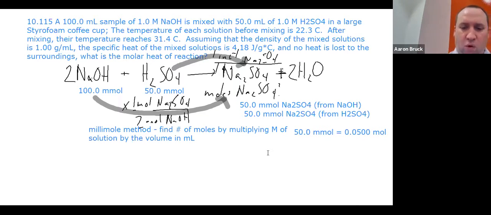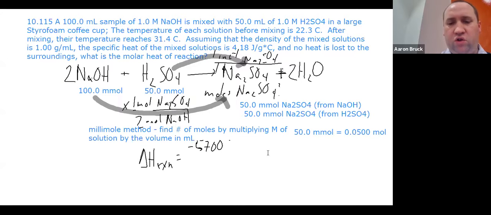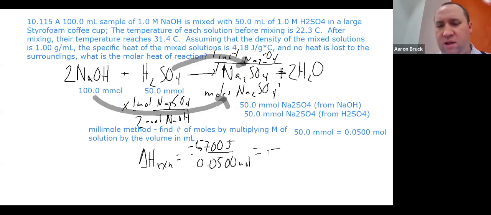To find the molar heat of reaction, I would take that negative 5,700 joules that I calculated before, divide it by the 0.0500 moles of product.